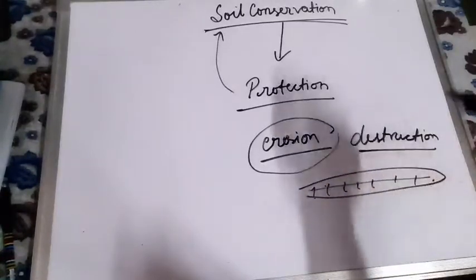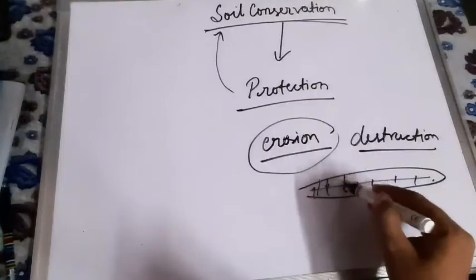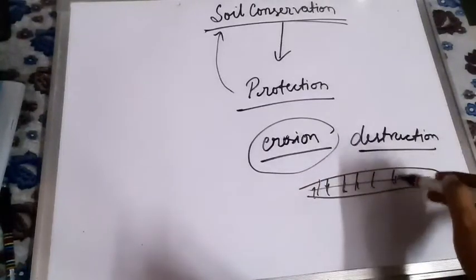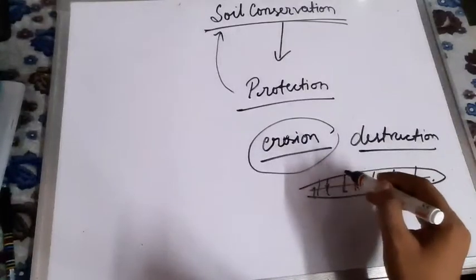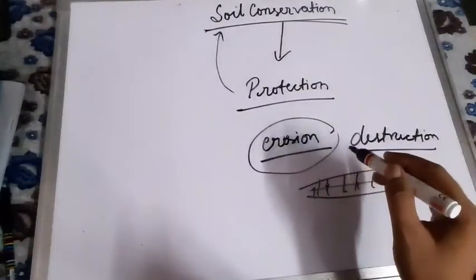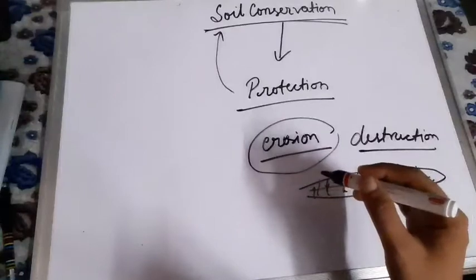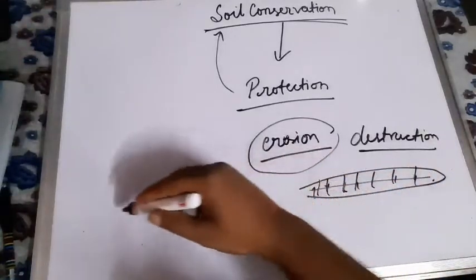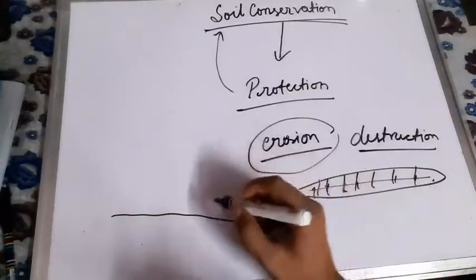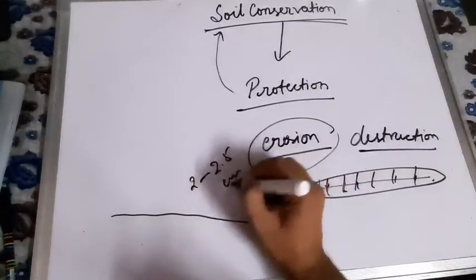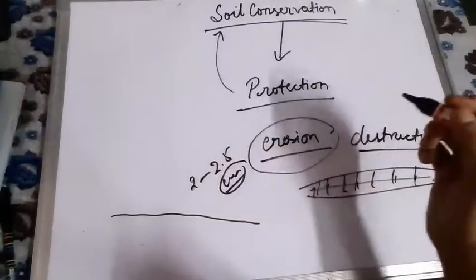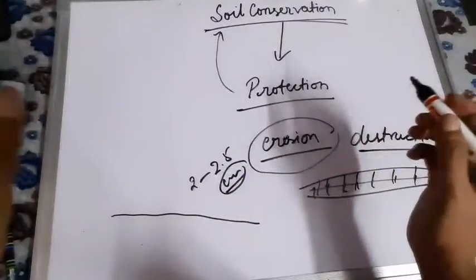Now, protecting the top layer that contains the nutrients and humus is called soil conservation. You should also know that a small layer of soil, 2 to 2.5 centimeters thick, takes millions of years to form.